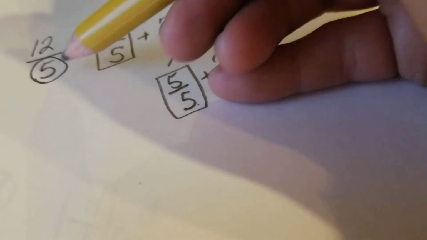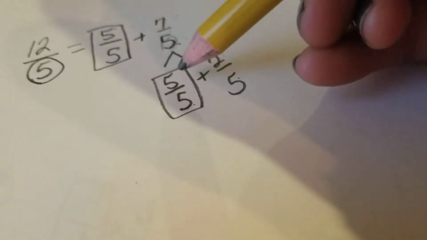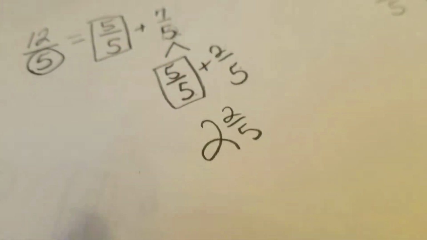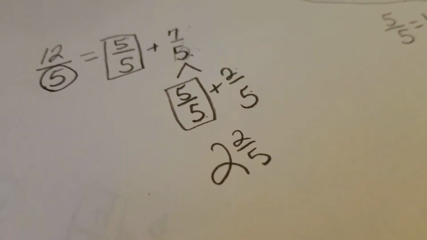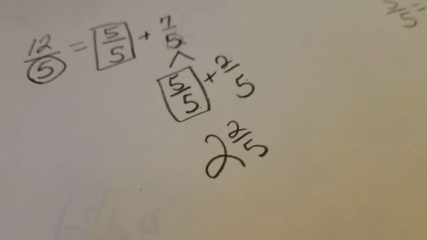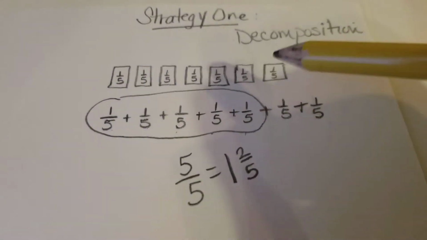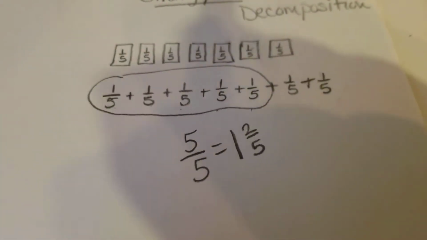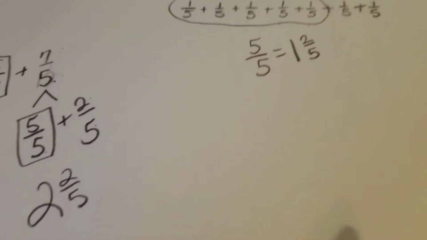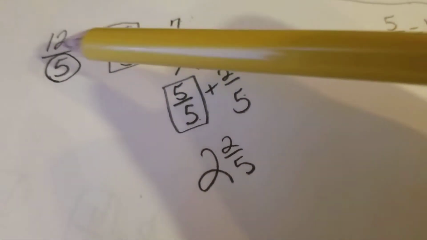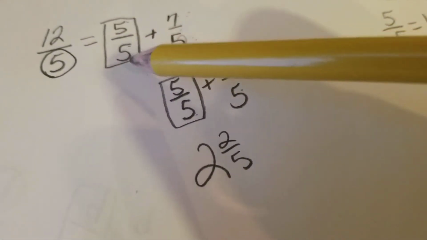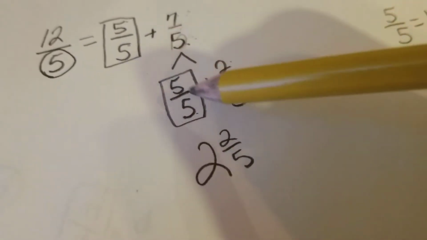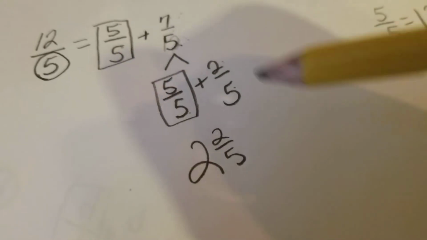So 12/5 equals 2 wholes and 2/5. That is using the strategy of decomposition. You can either write it all out, all of your pieces, circle your wholes, or you can think about what a whole looks like and compose your fraction using an addition sentence until you no longer have an improper fraction.